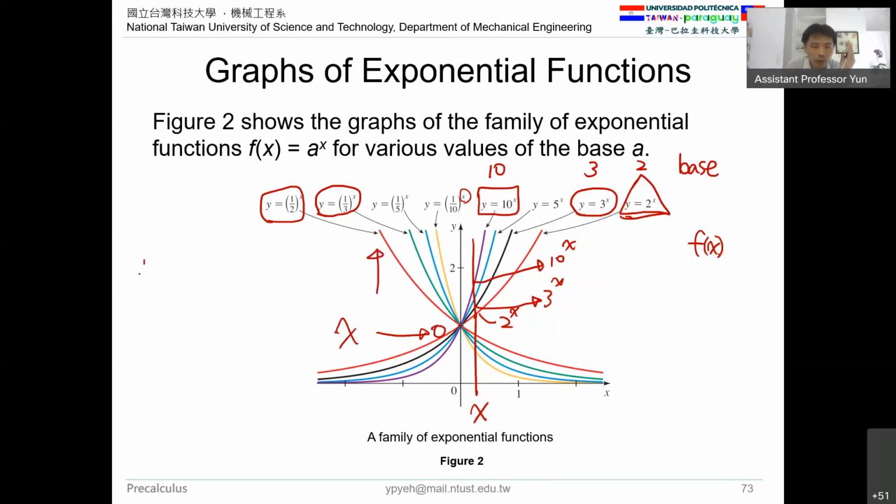And also in the case of 1 divided by 10 to the x. If we use x equal to 1, for example, this will be 1 divided by 2 and this will be 1 divided by 10, which equals 0.5 and 0.1 respectively. So with x equal to 1, this will be 1 divided by 2 and this will be 1 divided by 10 to the x.